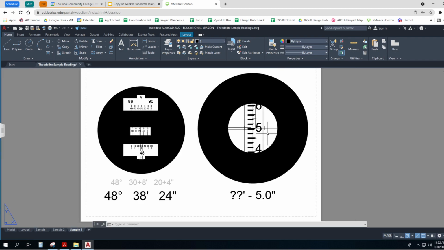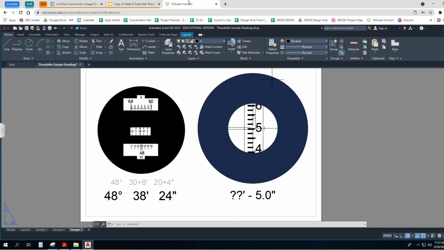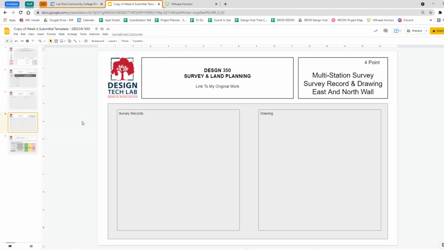And remember, to get the actual elevation, it's the height of your instrument, your line of sight, minus whatever this rod reading is. Okay, that's how we get those. There we go. That's the main thing I wanted to go over.